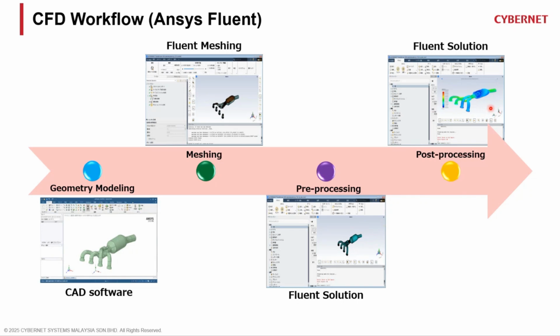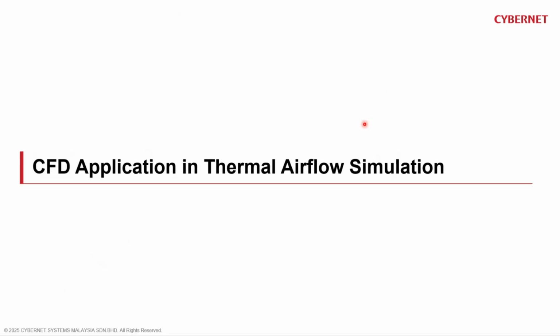You can check exactly how the airflow flows, in various forms like streamlines or vector arrows, those kinds of things. So overall, in one glance, that is the short introduction to the background and the CFD itself.